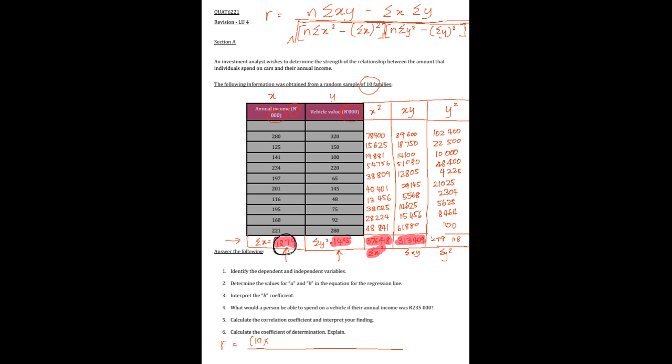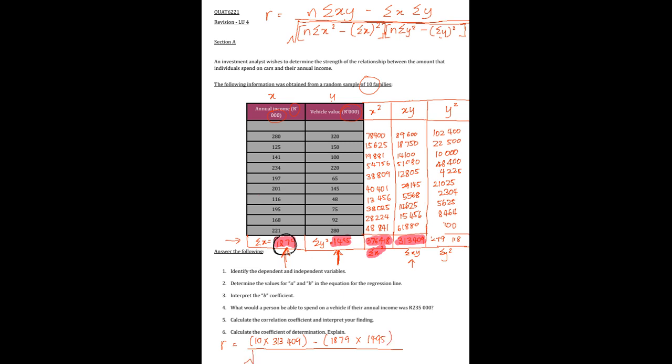So that's 313409. And then you have minus the sum of x, which is here, 1879, times the sum of y, which is here, 1495. And then you have in your denominator, it's the root.